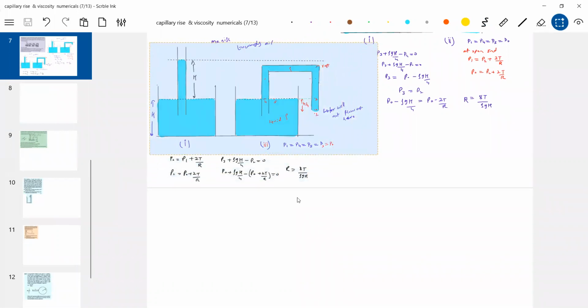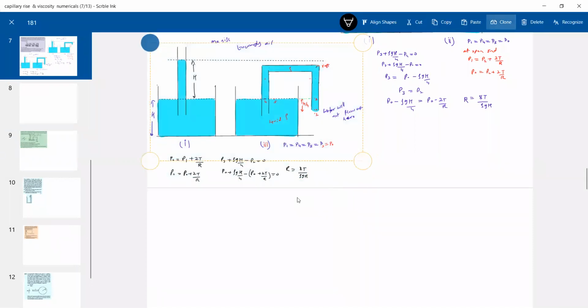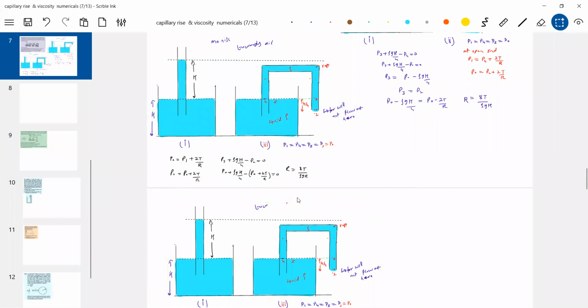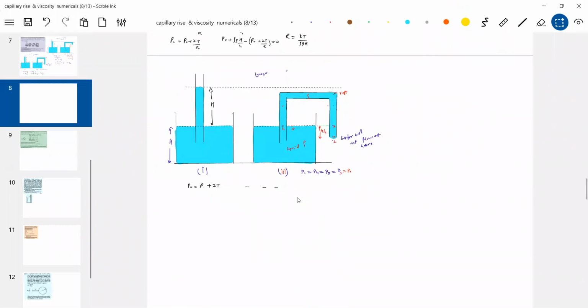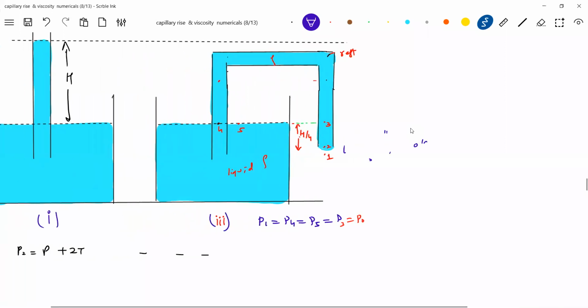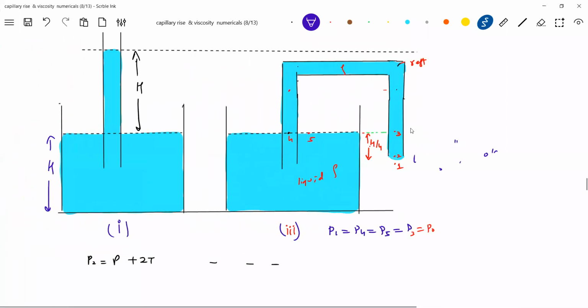Okay, let's take the last condition. The last part. Let me write this one.